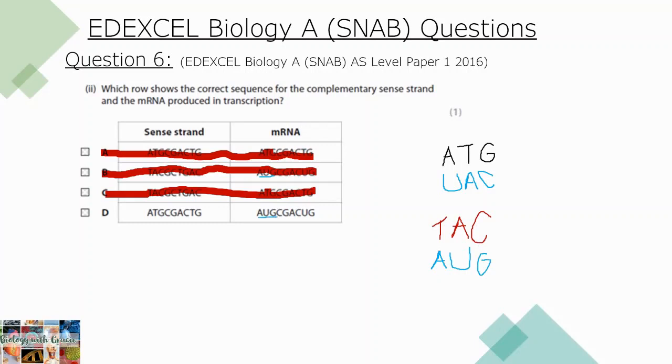And if we continue to go along the sequence and work out the template strands and then the mRNA code, we would find that these two do match up and they are correct. So therefore, D is our correct answer. And we can see our answer there.